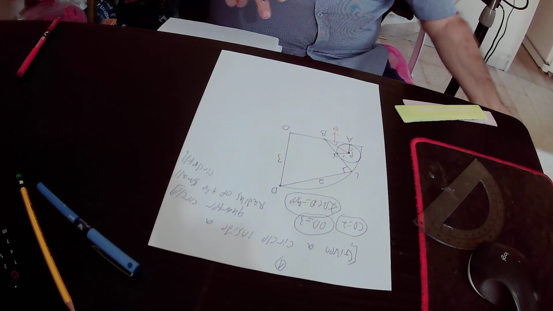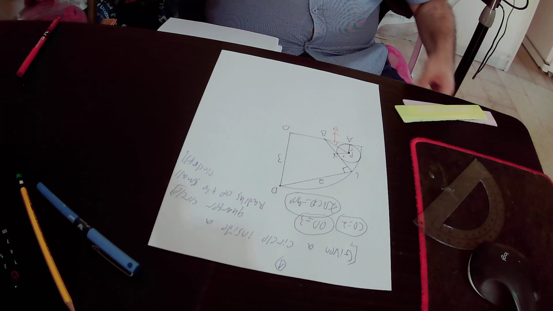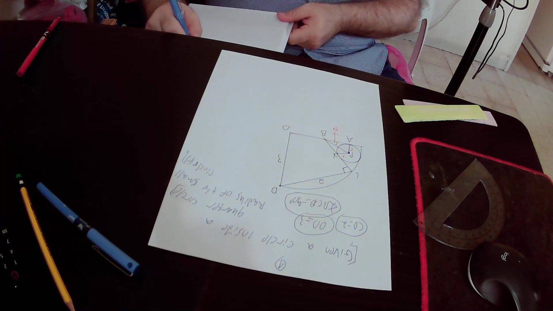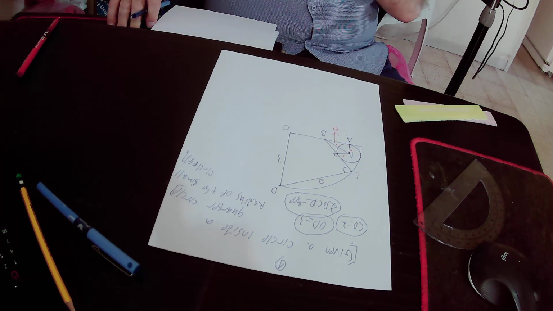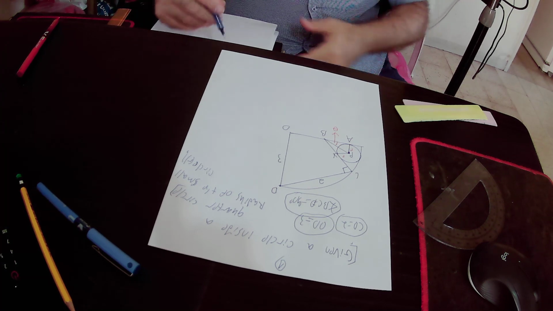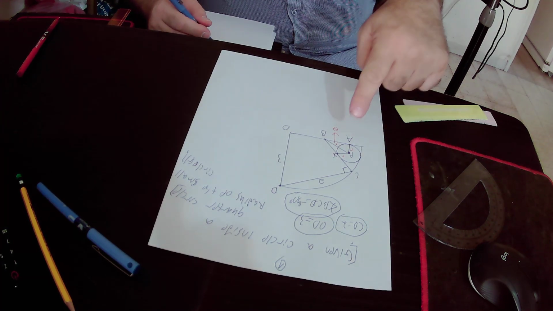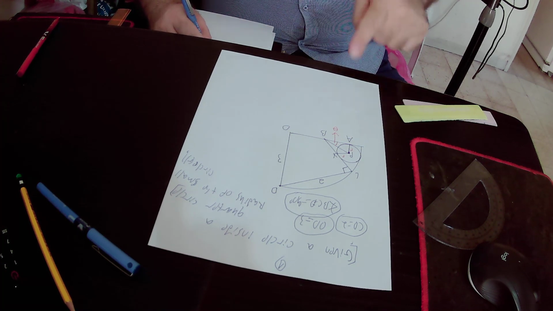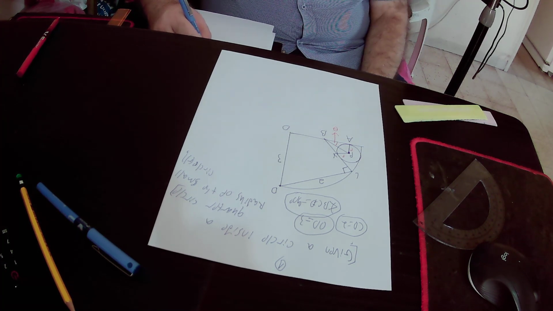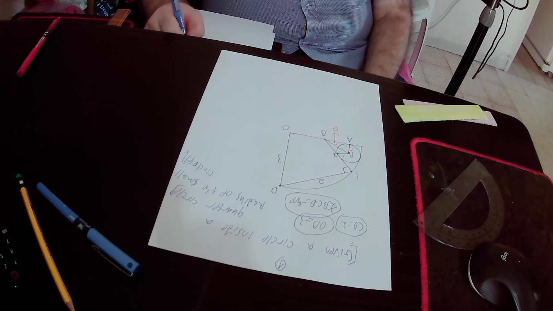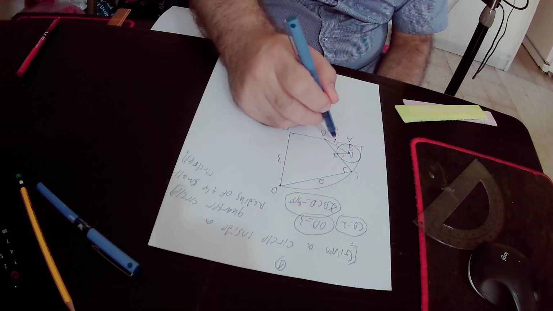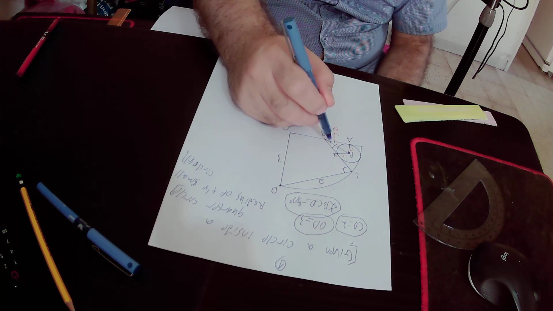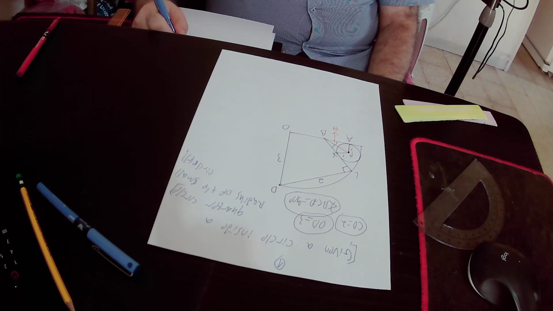And from the fact that those two triangles are congruent, we can conclude that angle ABP, this angle, is equal to angle PBX.